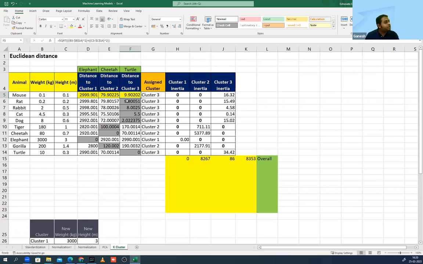So I will fall into the third cluster. That is why I have colored it like this. So I will assign a cluster. Can you see the clusters over here? And how did I assign the cluster? Wherever the distance is very small, I'll put it in that cluster. Clear so far?